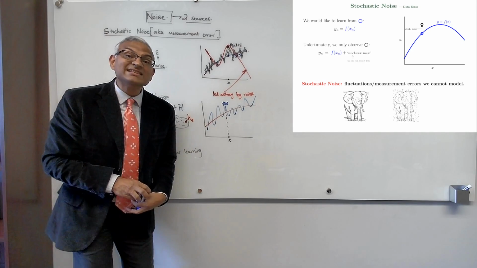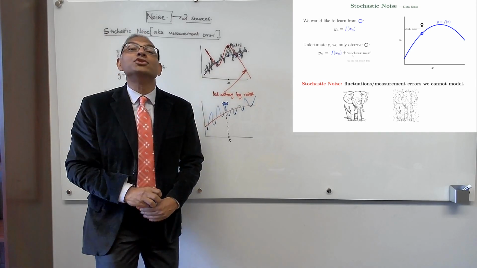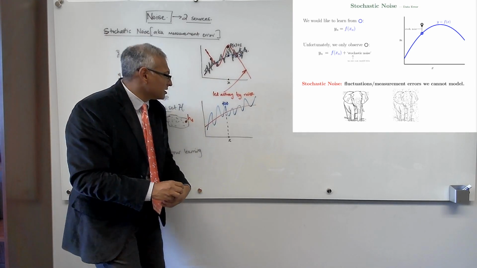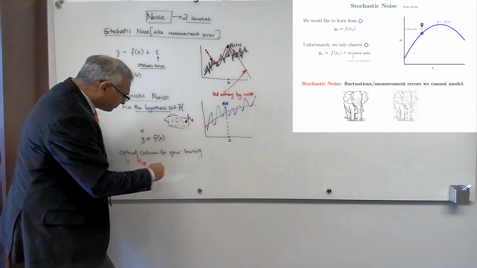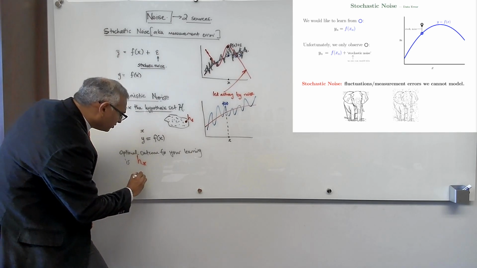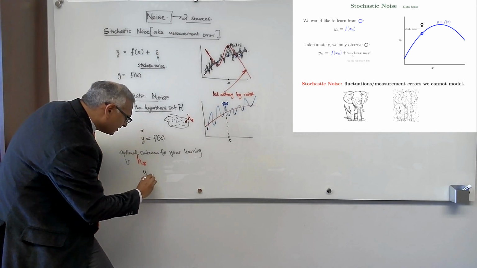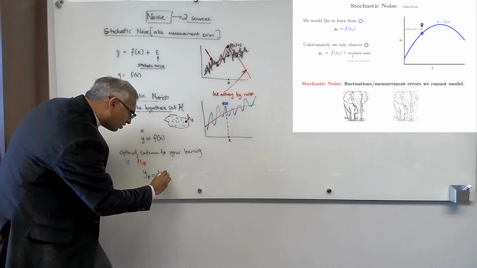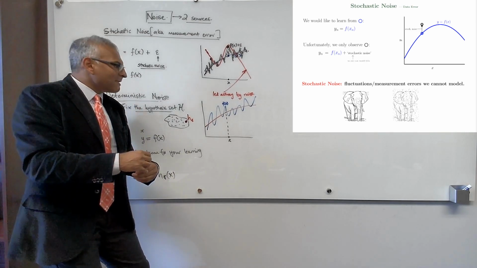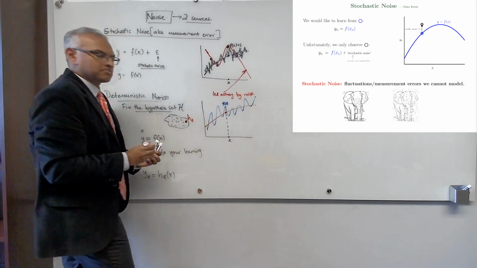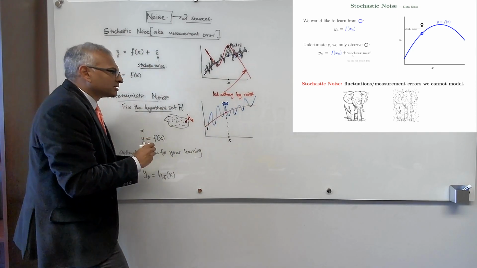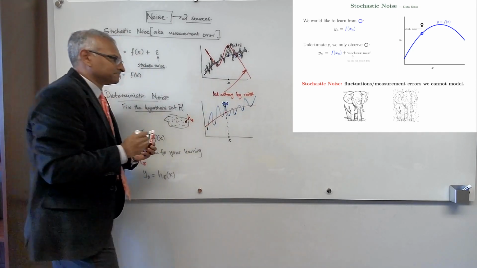Okay. So what is the best data point for you to learn from? If your goal is to output H star, the best data point to learn from is Y star equal to H star of X. So you would much rather be given this data point, not this data point.